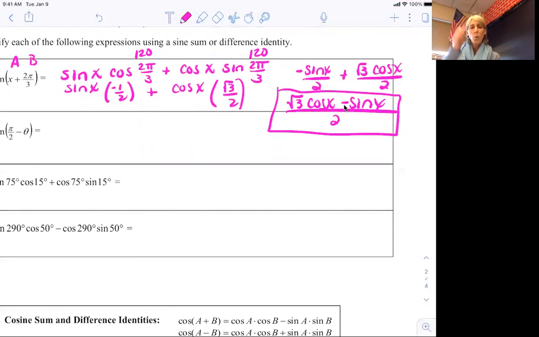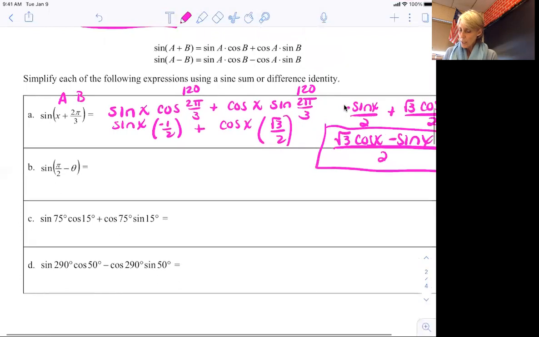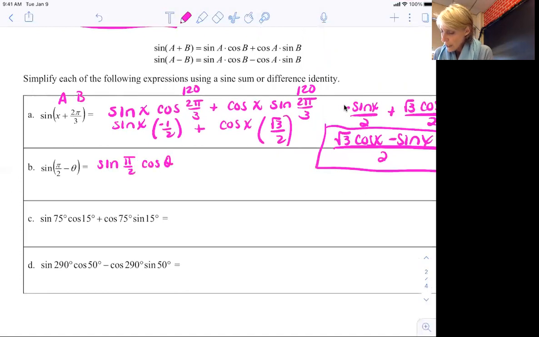Again, we just want to work through the formula. Part B will be a little bit nicer. Let's look at B. B is a minus, so sine pi over 2 cos theta minus cosine pi over 2 times the sine of theta.